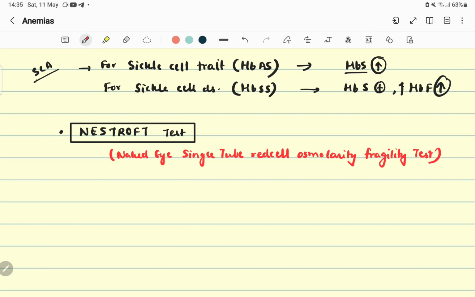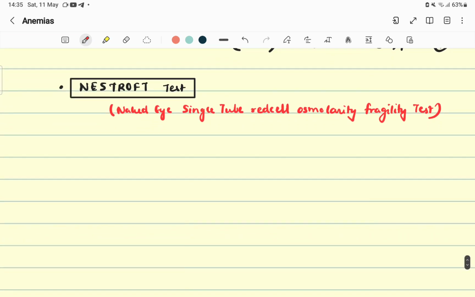Whenever there is a spherocyte, there is bursting. Normally, if you put blood in 0.36% saline, the RBCs will lyse and there will be a clear supernatant, and the RBCs will settle down.